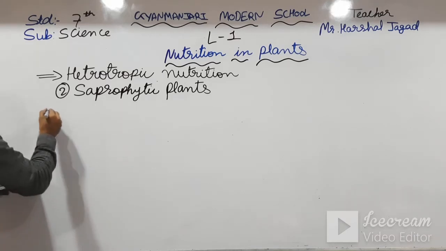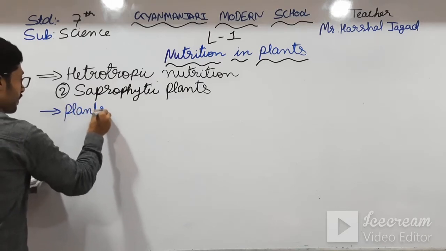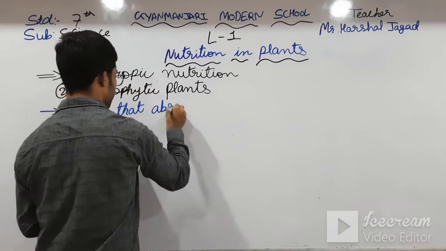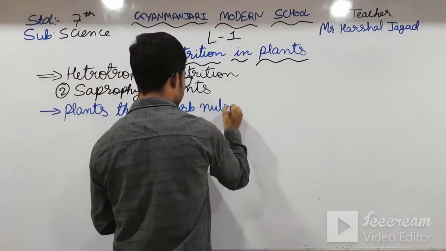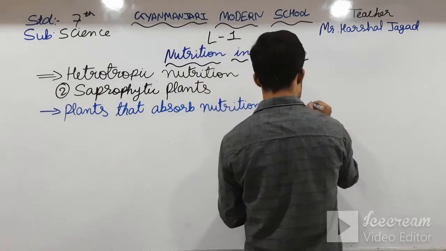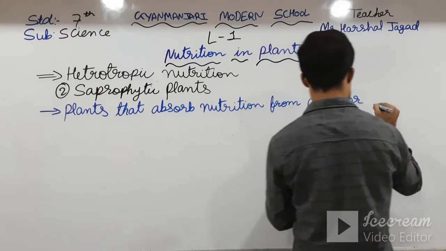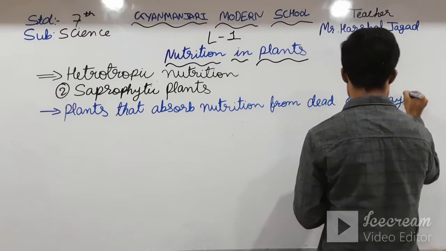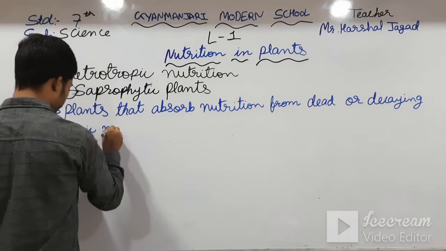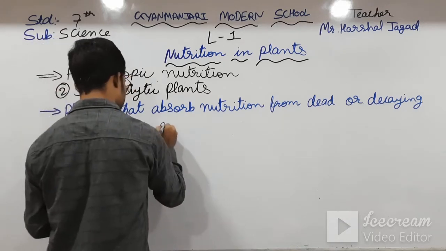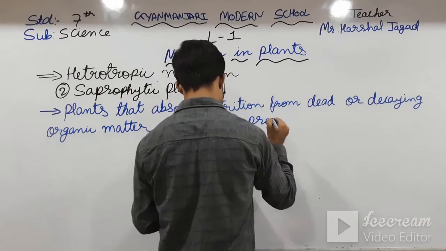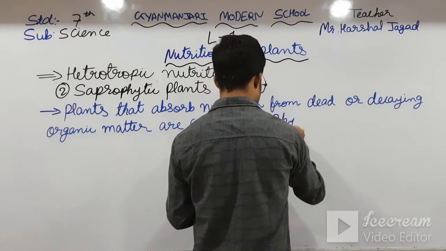Plants that absorb nutrition from dead or decaying organic matter are called saprophytic plants.